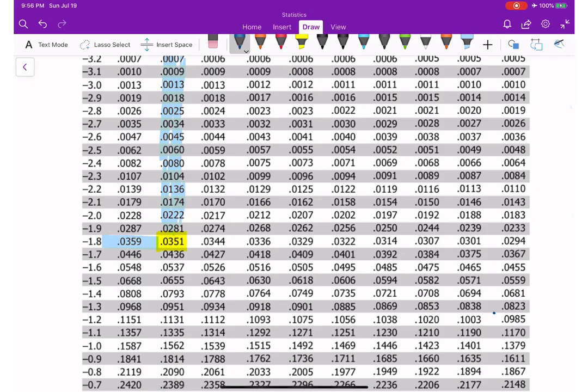Here, it's going to be between 0.05 and 0.495. It's right in the middle, right? It's going to be right here.